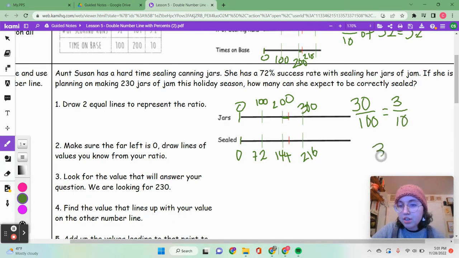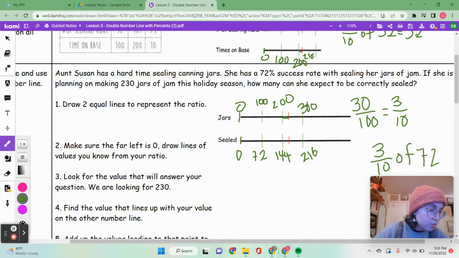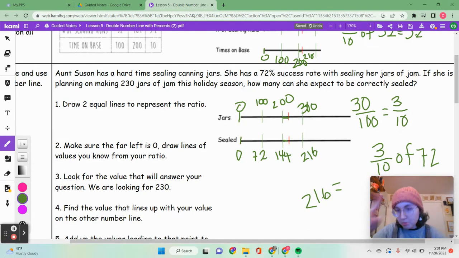So now we need to take 3/10 of 72, which just so happens to be 21.6, which we also could have figured out by doing 216 over 300, move the decimal place over 1.